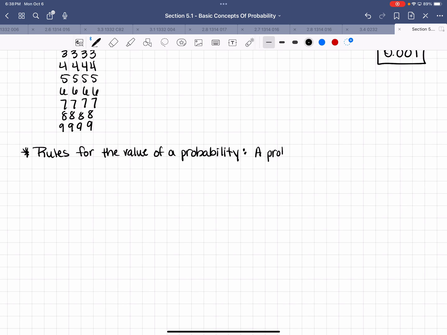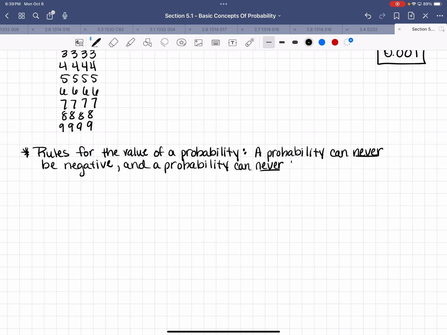A probability can never be negative, and a probability can never be greater than 1.